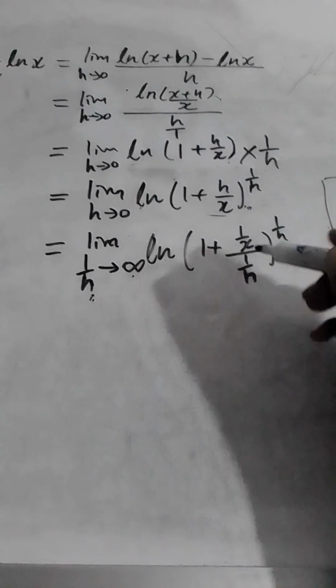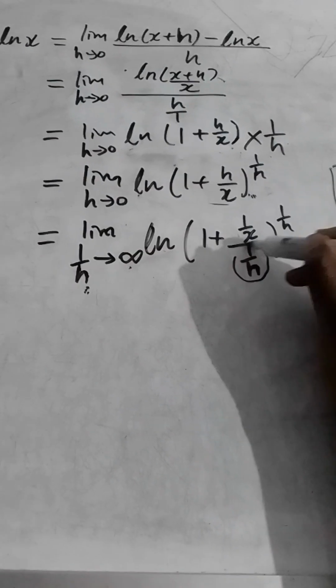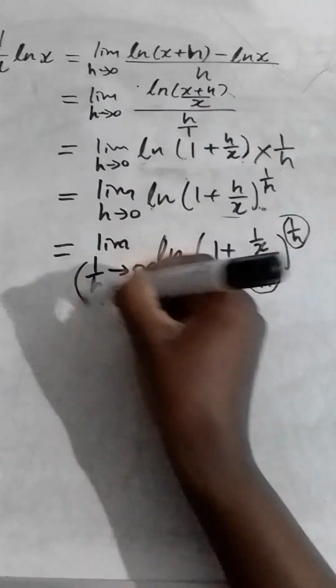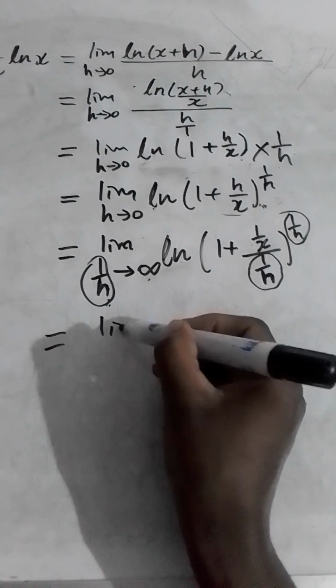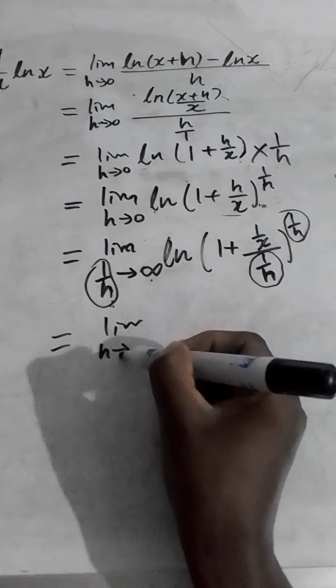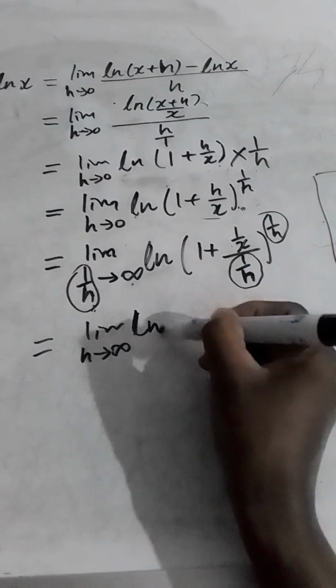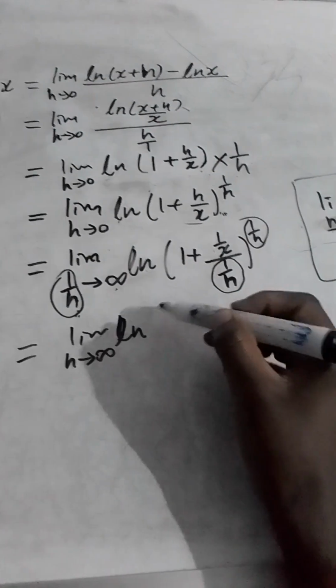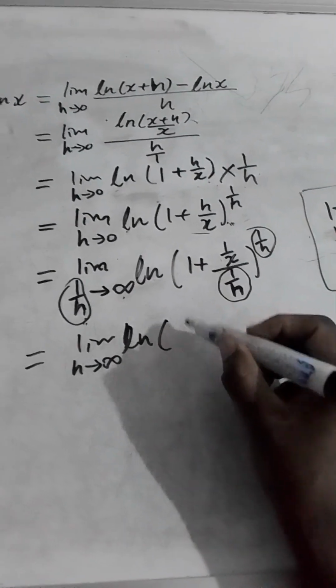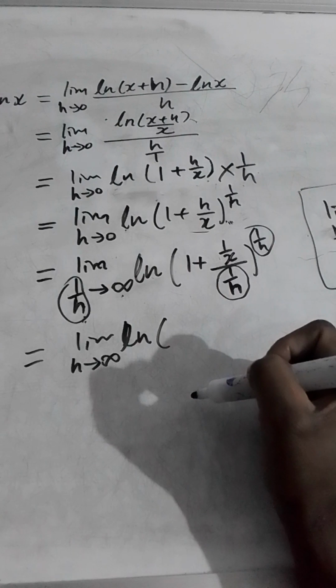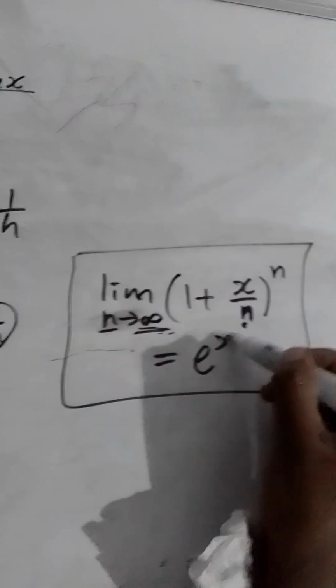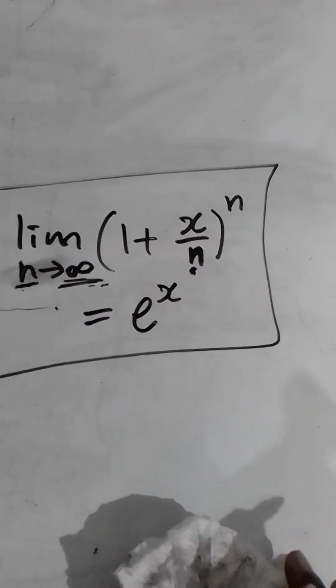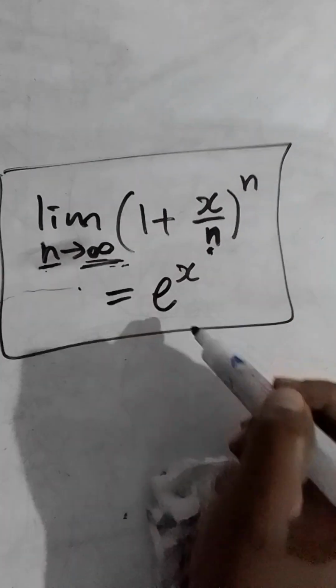But by so doing, now we have this 1 over h, 1 over h, and 1 over h, which is the same as having the limit as n approaches infinity of ln of x. The result doesn't say that, it says e to the exponent x. Sorry, I forgot the x there.